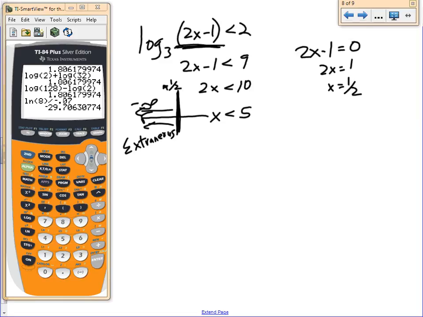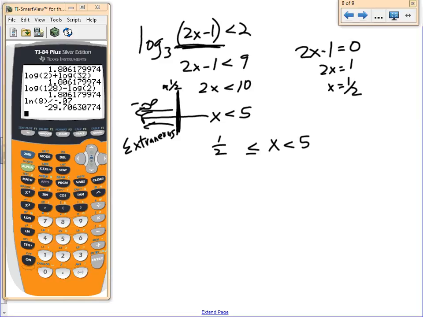Negative 21. So on your calculator, you would be plugging in the log of negative 21. Is the log of negative 21 going to work? No, it's not going to work. So guys, you've got to know to check for extraneous solutions right here. So this will be x is less than 5, but it's greater than or equal to 1/2.